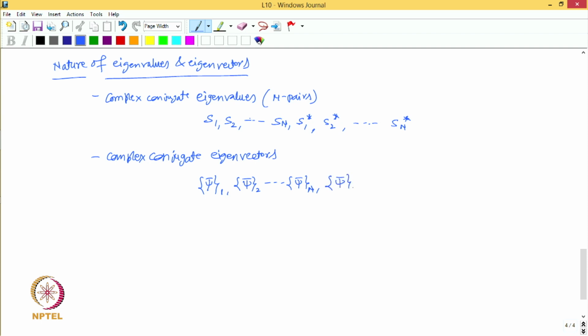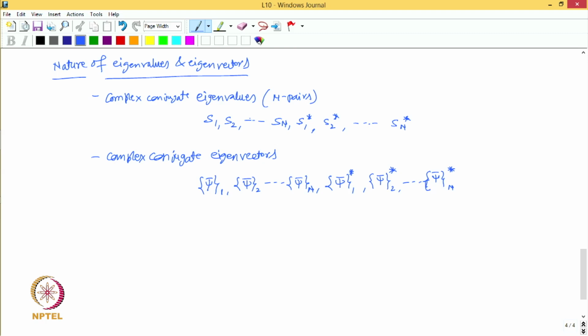So, psi bar 1 with a star over it indicating the complex conjugate operation. Then we have psi bar 2 star going up to psi bar n star, right.